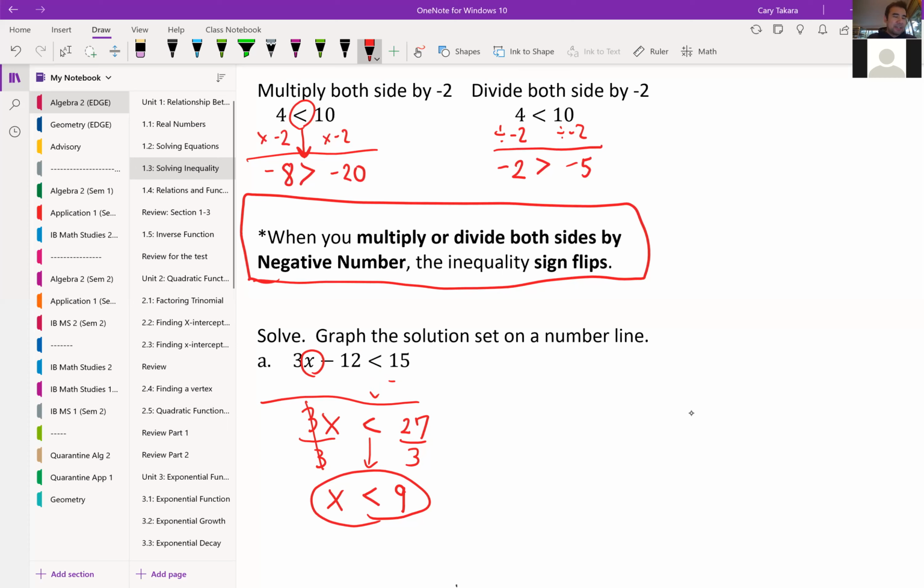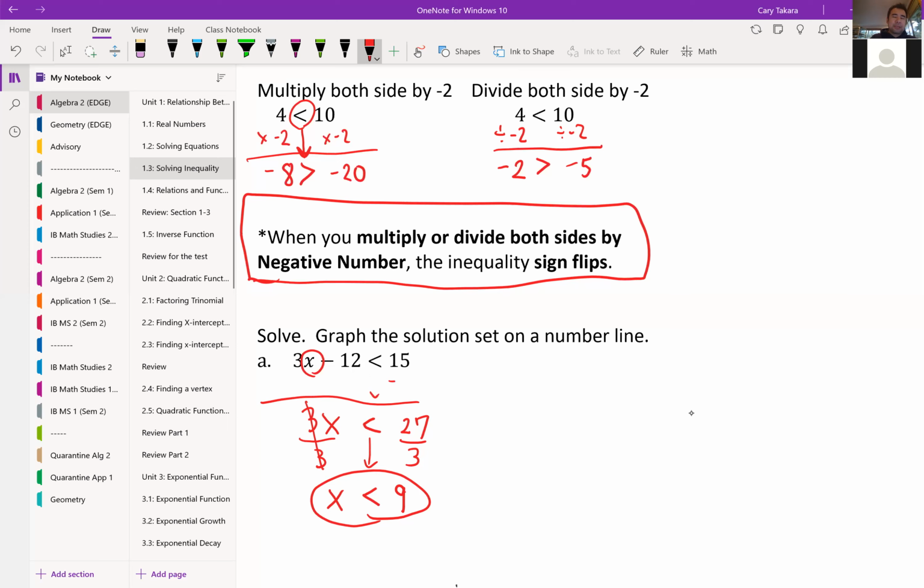If you pick 8, 3 times 8 minus 12 is less than 15. It works. So there are many, many solutions, and the only requirement is that x has to be less than 9. All the numbers less than 9 will work in this inequality. That's what an inequality is.